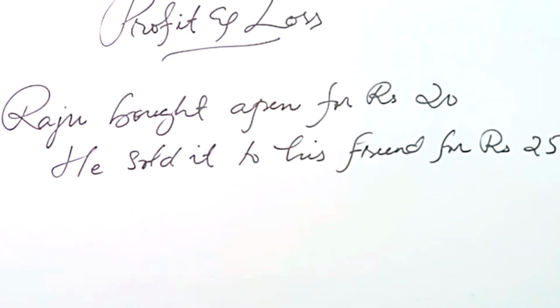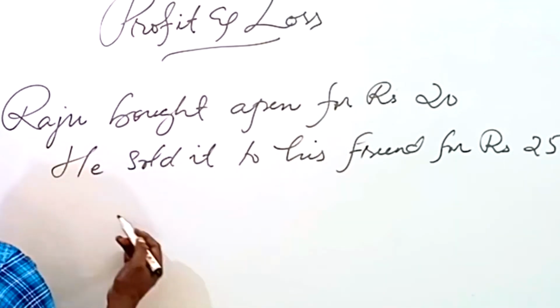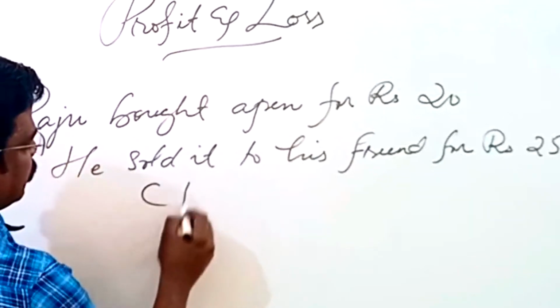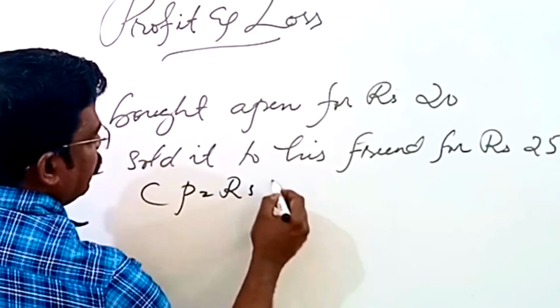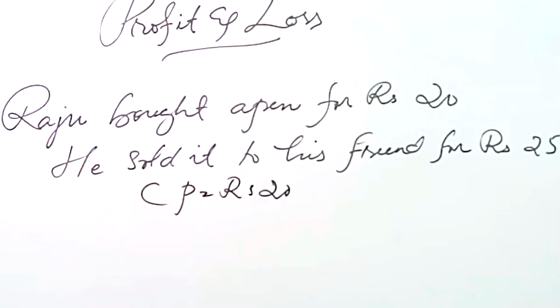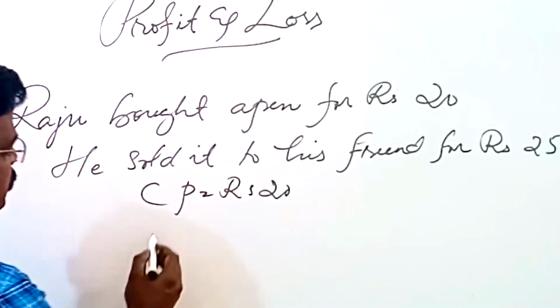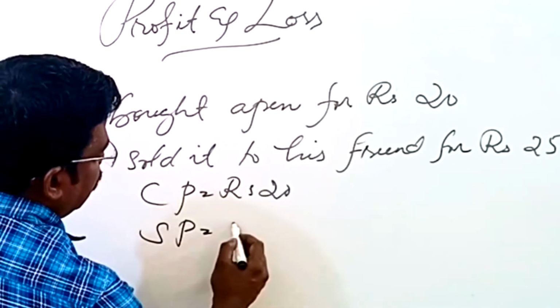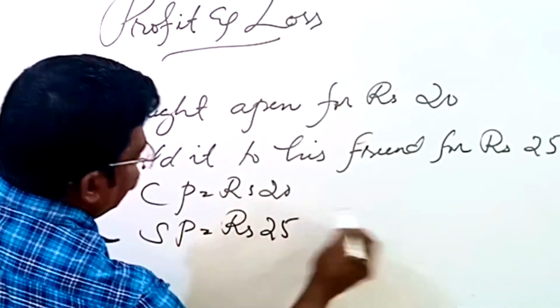So here we can see that the cost price of the pen, the amount he spent for purchasing that pen, equals rupees 20. Then he sold it to his friend, that is the selling price of that pen, rupees 25.